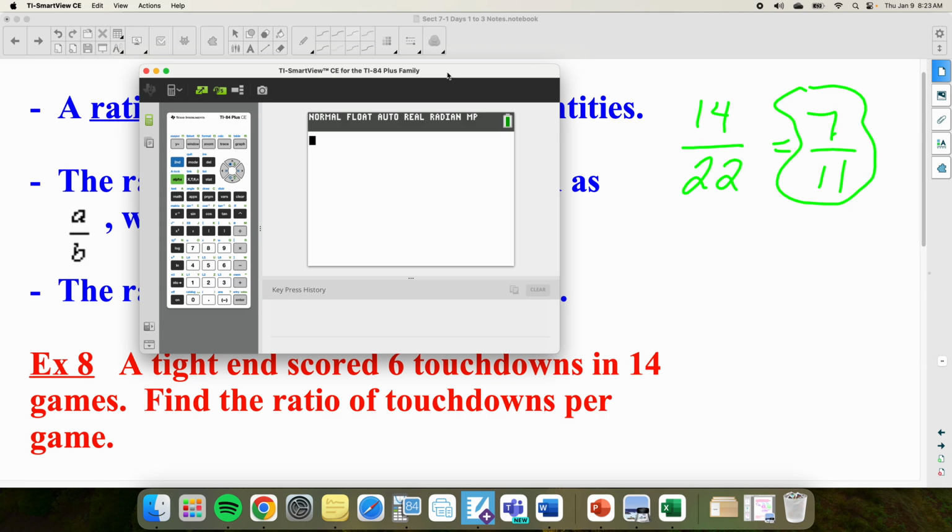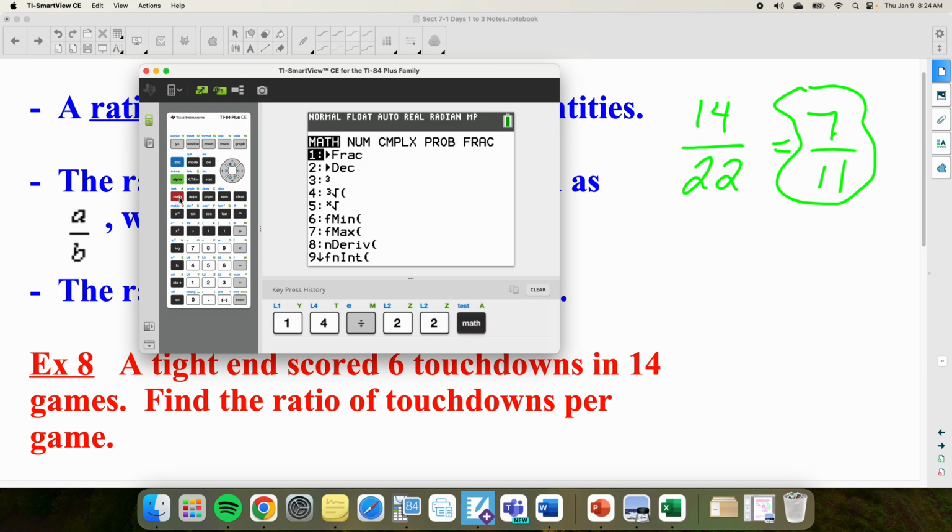So what you can do is go 14 divided by 22. And you can hit enter if you want to. You don't have to though. And then you hit this math key right here. And then you have to hit enter twice. So you go enter, enter, and it will reduce it for you.